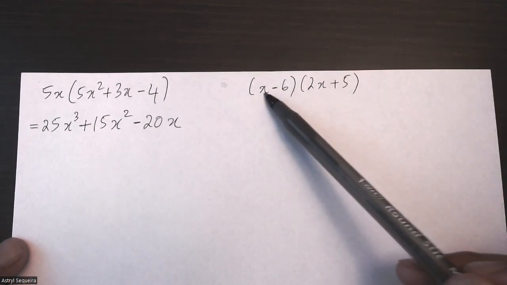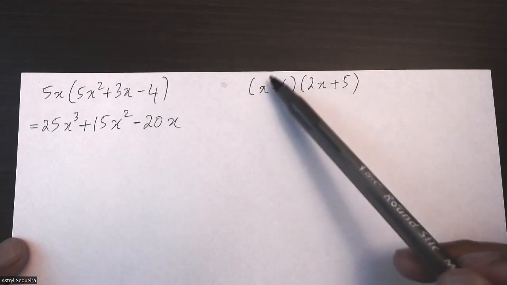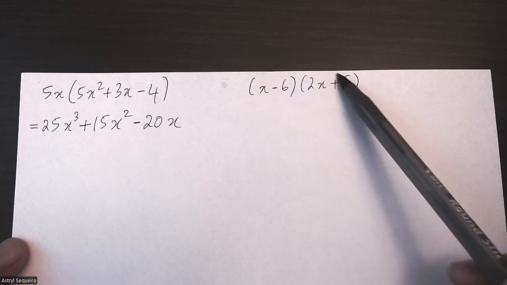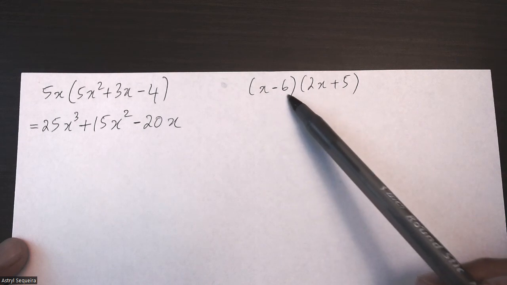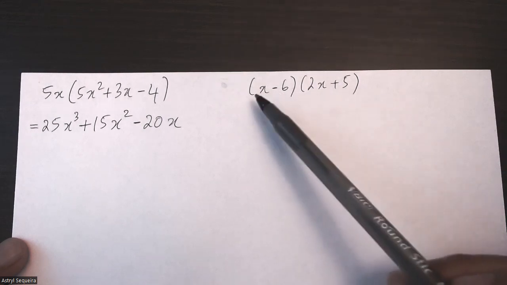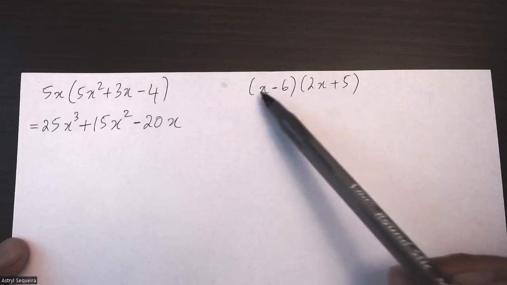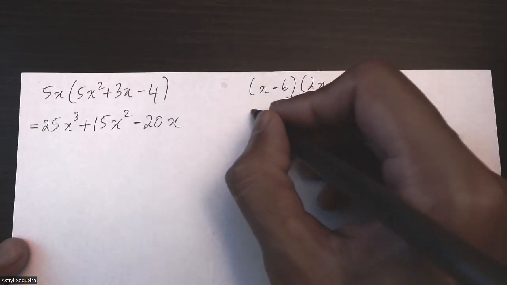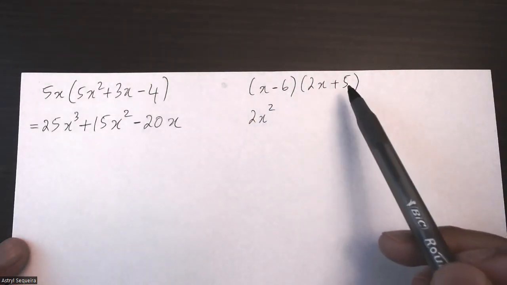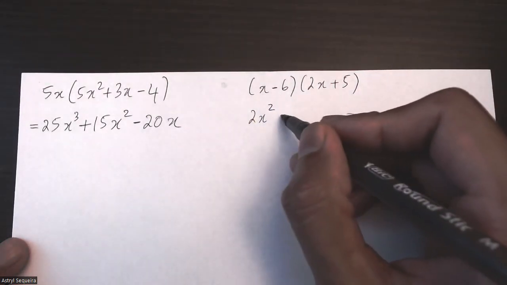This second question here, we're multiplying two factors. We're going to do FOIL, which is basically first times first, first times outside, inside times inside, and last times last. Let's start by multiplying the first two terms. X squared times 2x is 2x squared. X times 5 is 5x.